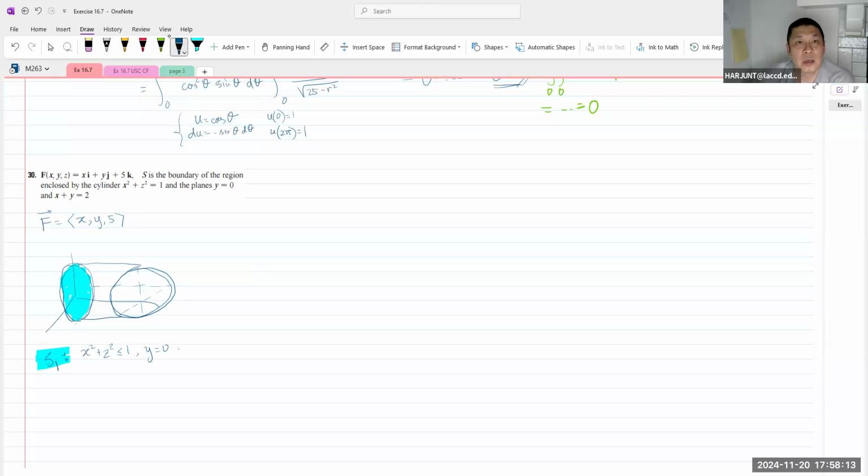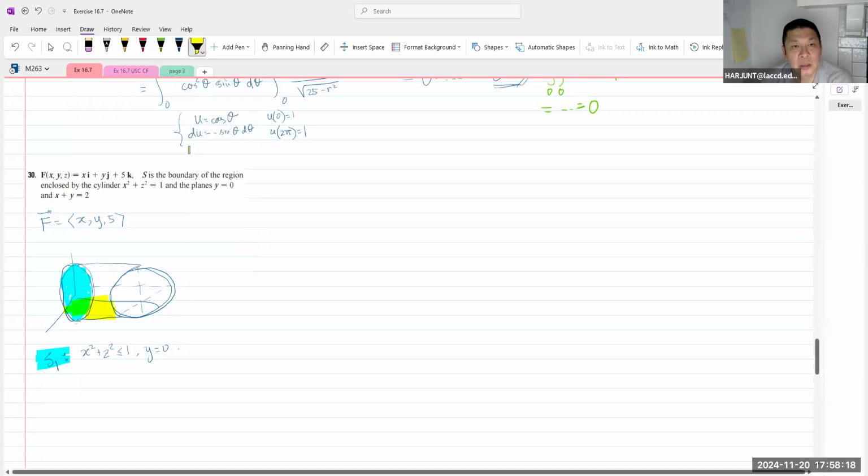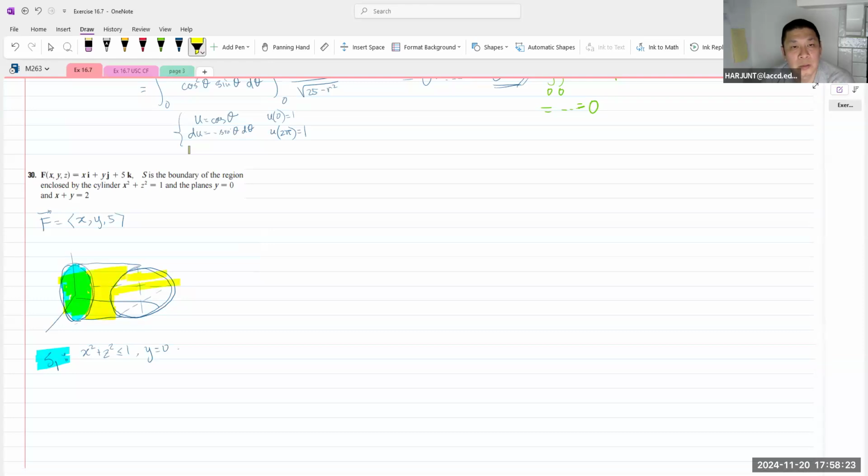And then S2, let's say that's the lateral region, including the one at the back. S2 is where x squared plus z squared equals 1, but y is between 0 and 2 minus x.